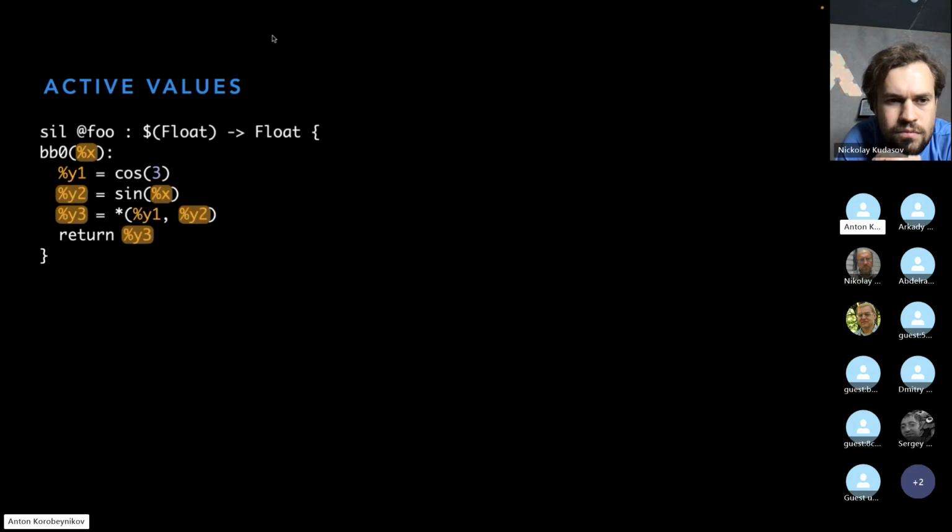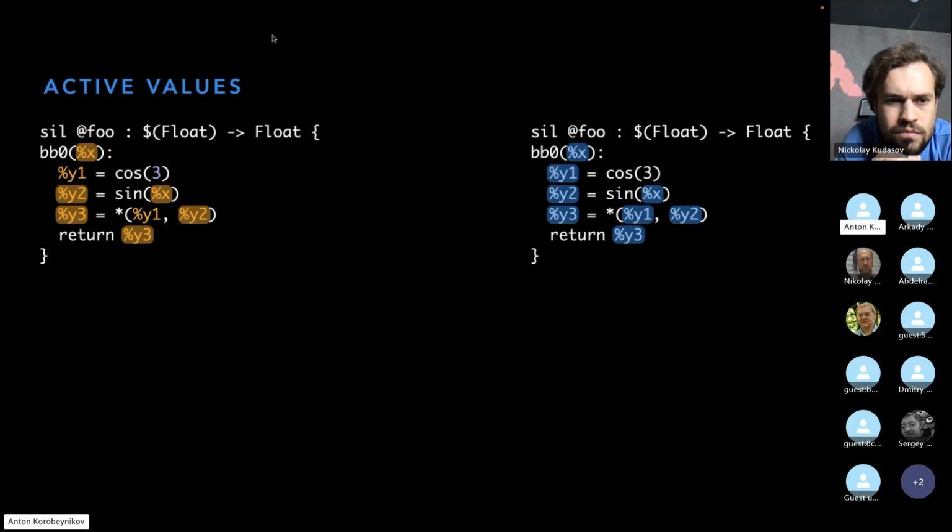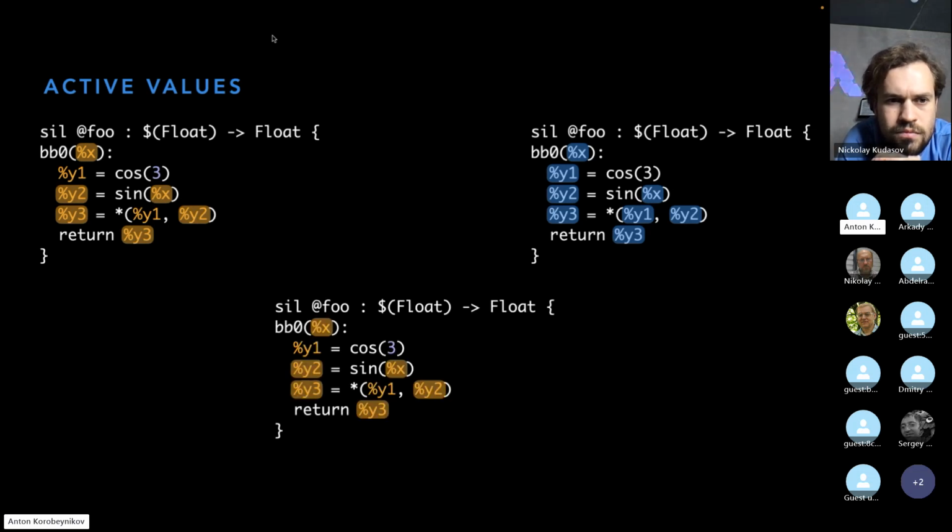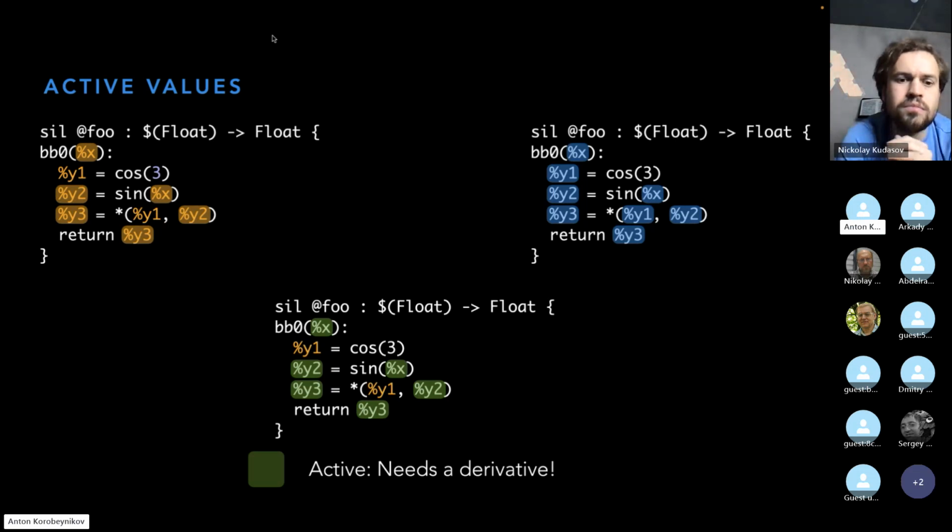Putting these 2 analyses side by side, we can take the intersection of varied values and useful values. Values that are both varied and useful are active values. So when differentiating a function body, we differentiate every intermediate function that has at least 1 active argument and 1 active result.